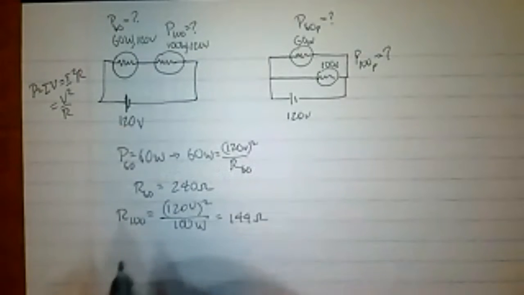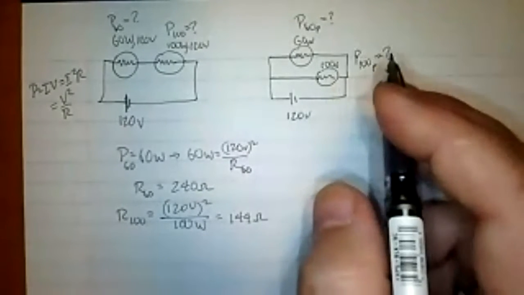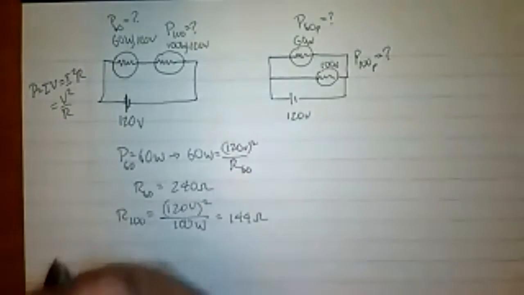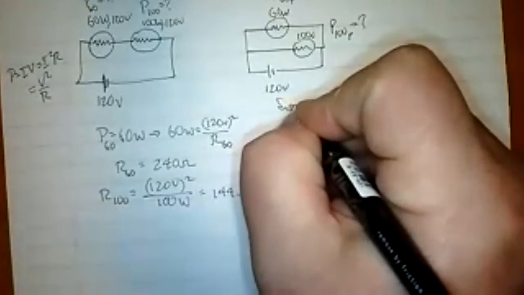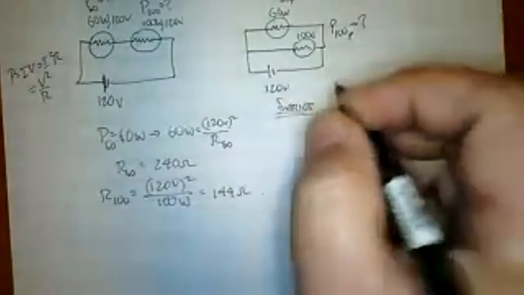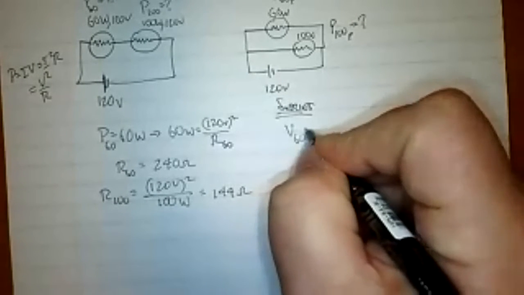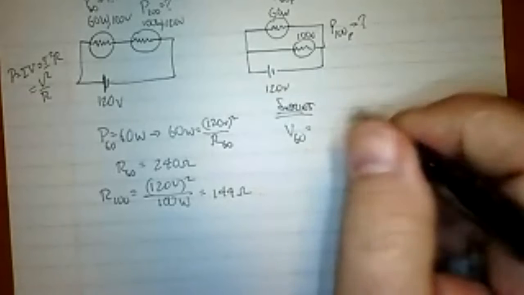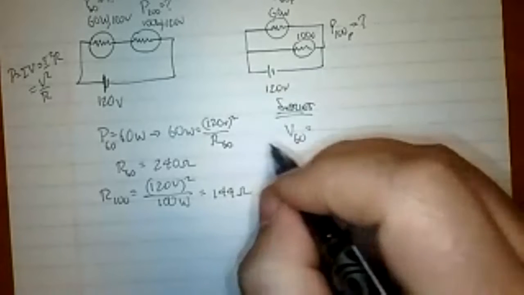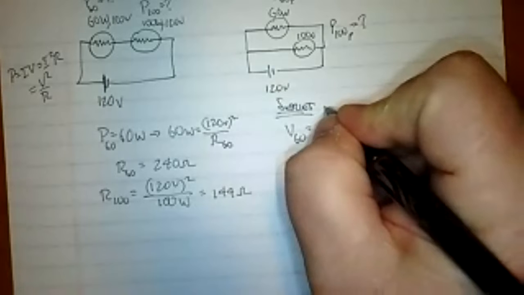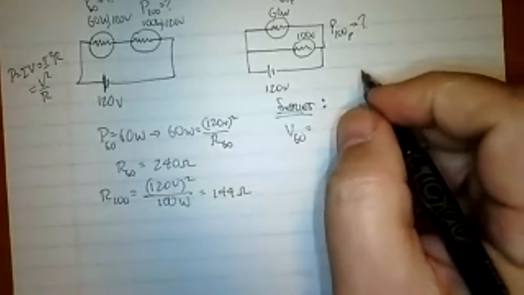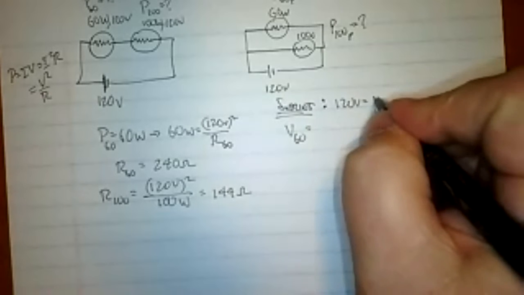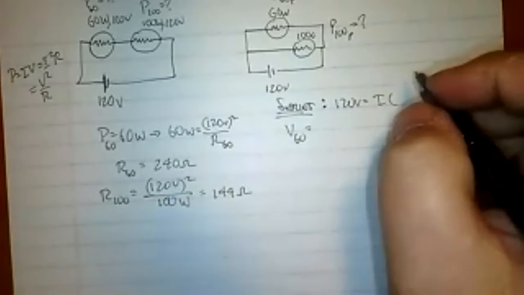So now that I have that, I can now calculate the voltage for the 60 watt bulb. So we'll say for the series part, V60 is going to be equal to IR. Well, the R we know is 240, but the I is a little different. What we have to realize is in series, the 120 volts is equal to I times 240 plus 144.